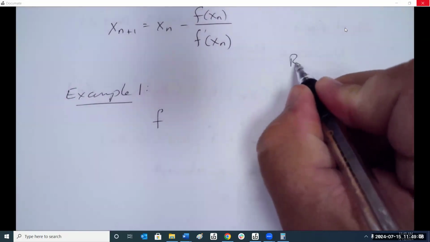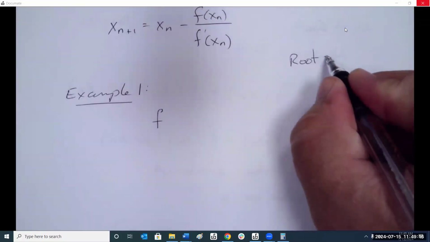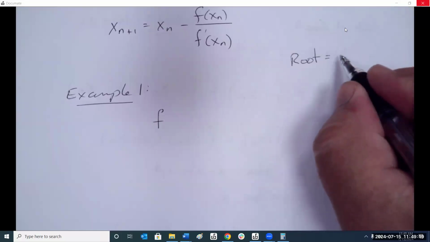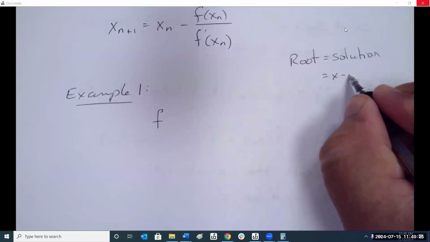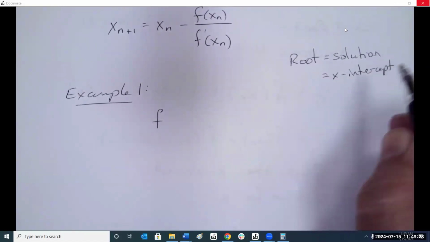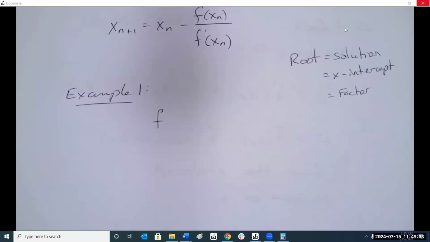Well, first off, what is a root? A root is the same thing as a solution, the same thing as an x-intercept, the same thing as a factor. These all give us relatively the same numbers. Because remember, what we're looking for is the x value that makes it cross the x-axis. What x gives us the x-intercept?